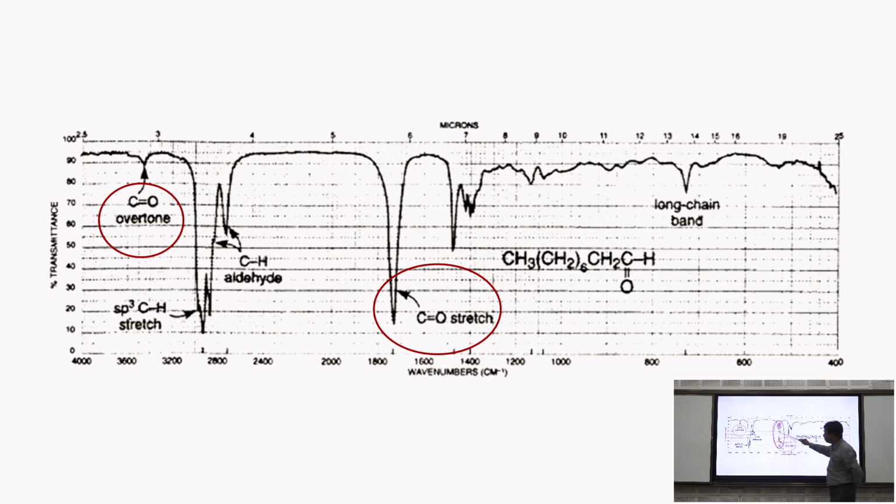You see the strength: the area underneath the band is a measure of the strength. And what is the first overtone? The first overtone of this one is this one. Imagine the strength. If this is the strength of the fundamental band, the first overtone is this much only. So we don't expect the second overtone or third overtone to be seen.